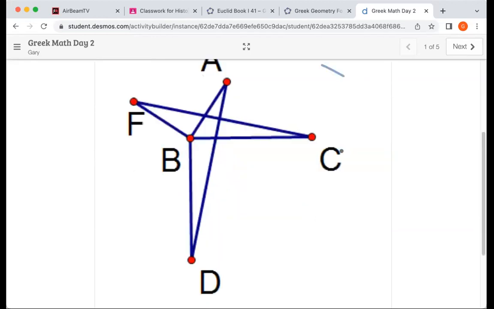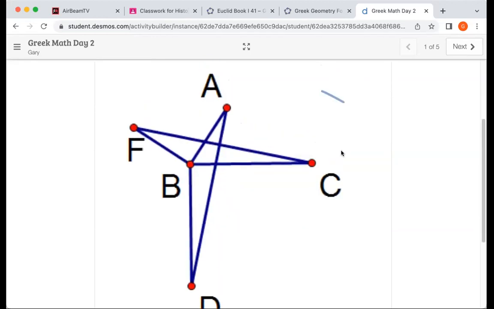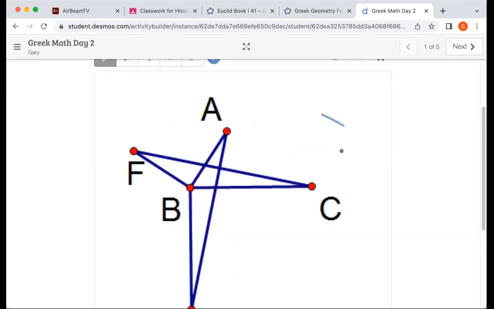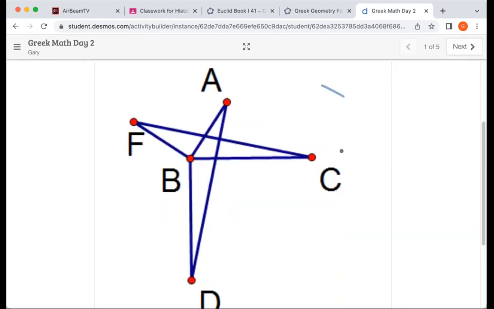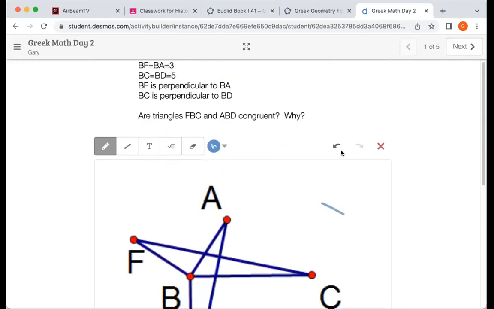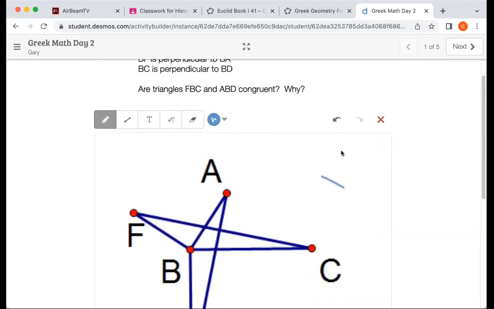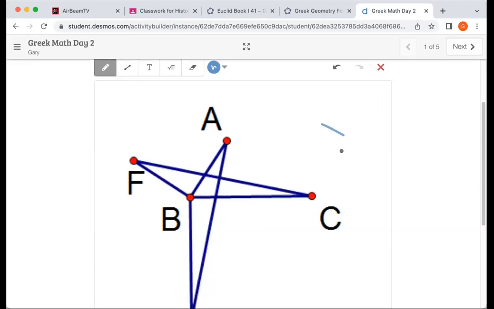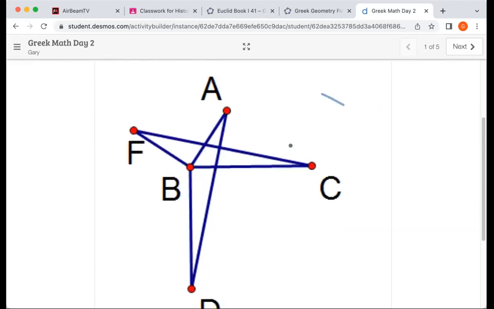Now look at the given information here. They're saying that BF and BA are both length 3, and that BD and BC are both length 5, and that BF is perpendicular to BA and BC is perpendicular to BD. So you could mark that up onto your picture.